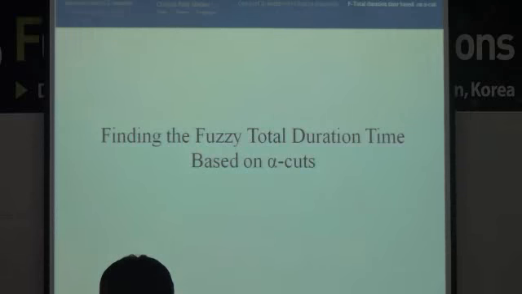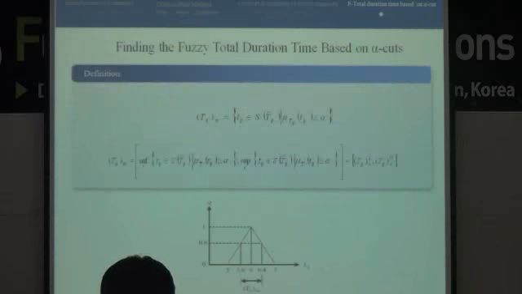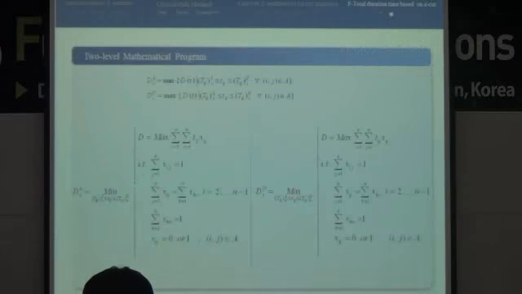Now it's a fuzzy number, and we can use a model which is based on alpha cuts. There are some definitions here. For example, we can use different alpha cuts, with a central value on the left and right sides. So the fuzzy model will be changed to the lower bound and the upper bound of new variables.